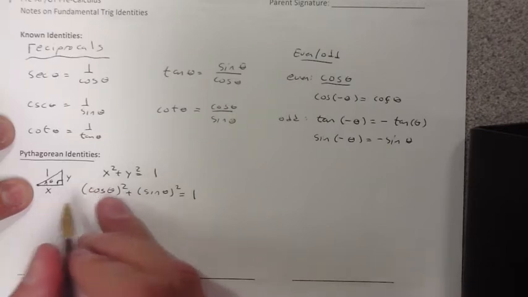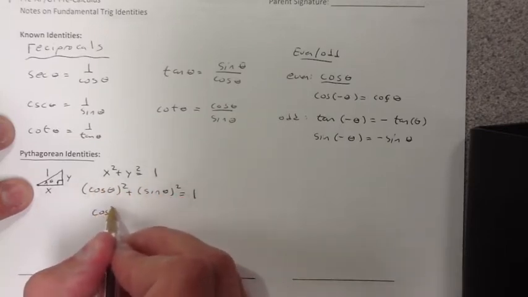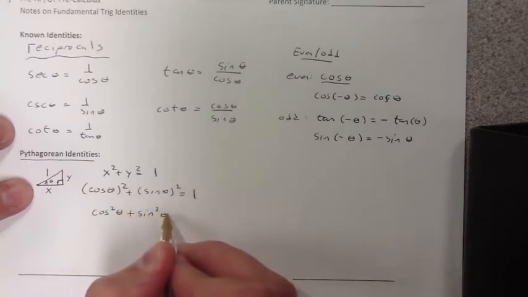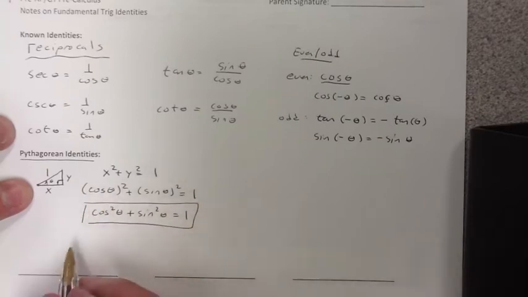Now this is how we normally write it, but we'd like to make it pretty, so we tend to put it cosine squared of theta plus sine squared of theta equals 1. And this is our first Pythagorean identity.